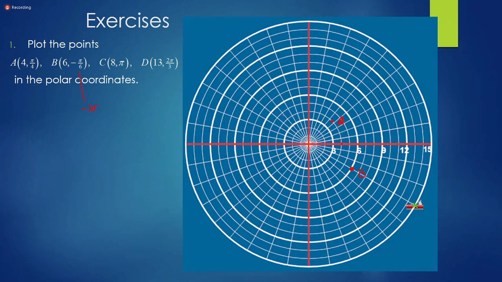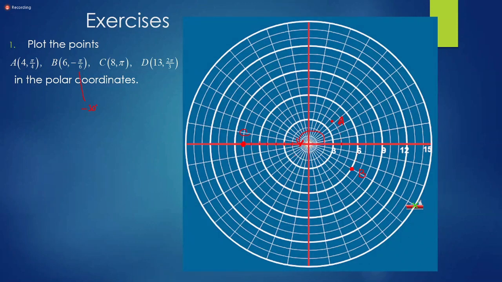C, 8 pi. So the distance is 8, but pi is the negative x-axis. So distance 1, 2, 3, 4, 5, 6, 7, 8. This is the point C, because the angle here, you see, this is the angle pi of 180 degrees.